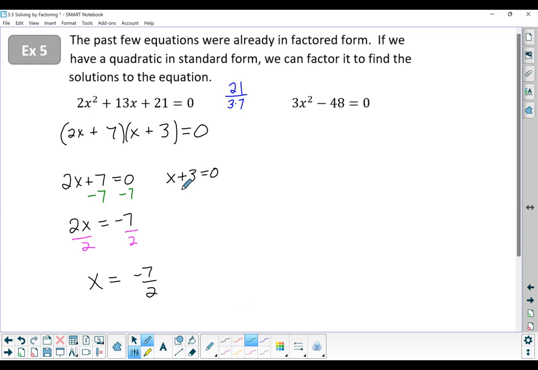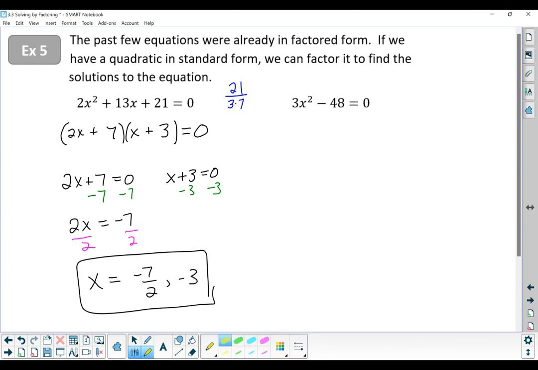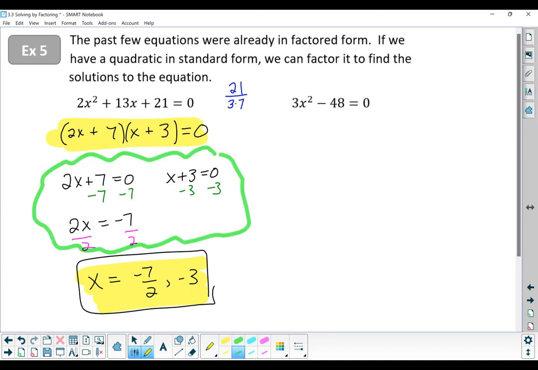And for our second answer, we just need to subtract 3 from both sides to get a solution of negative 3. If you are thinking to yourself, when I see this, can I just write down the two answers without formally writing out all of this stuff? I would say to you, absolutely yes.